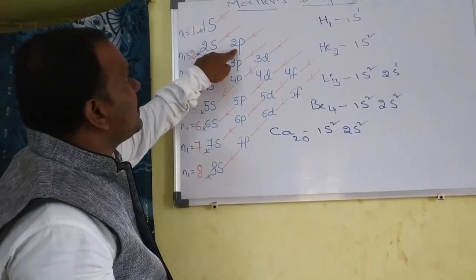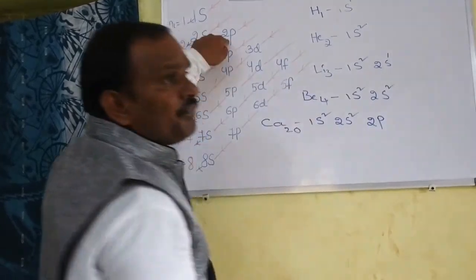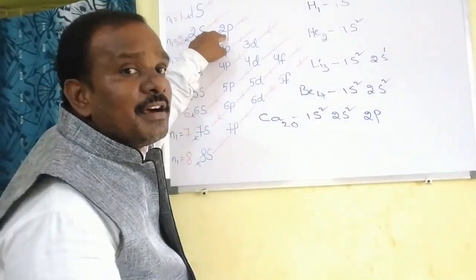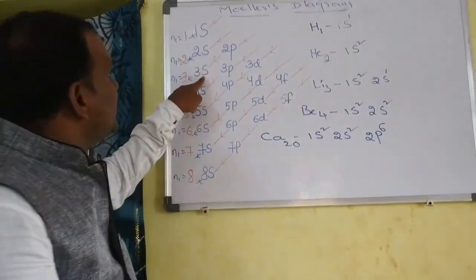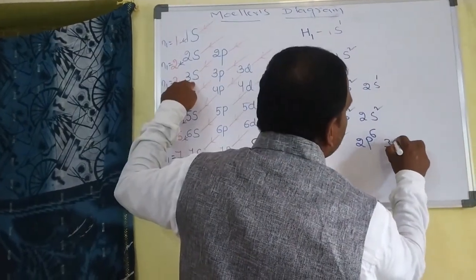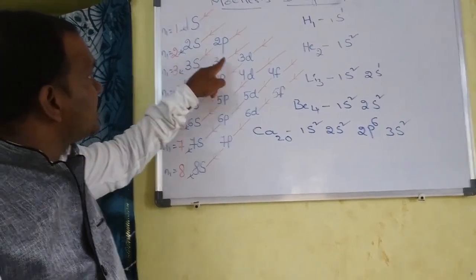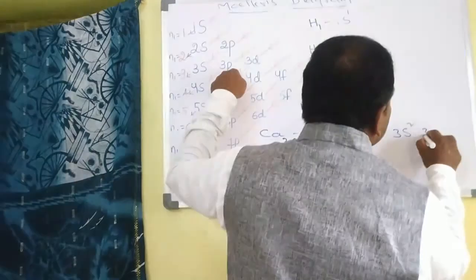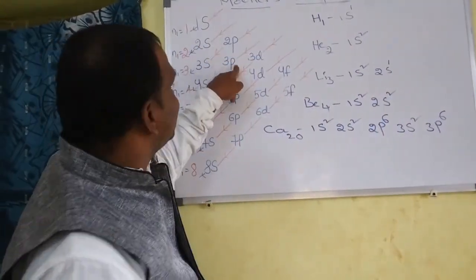Later the electrons are entering 2p. The maximum number of electrons accommodated in a p orbital is 6, so I write 2p6. Next the electrons are entering the 3s orbital, so I write 3s2. After 3s the electrons are entering 3p. See, the maximum number of electrons in 3p is 6.